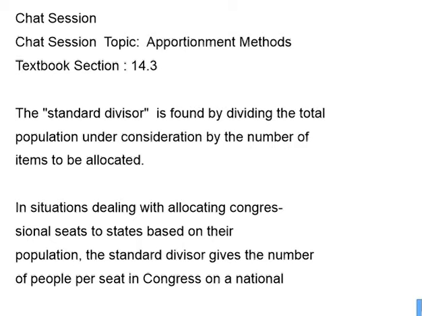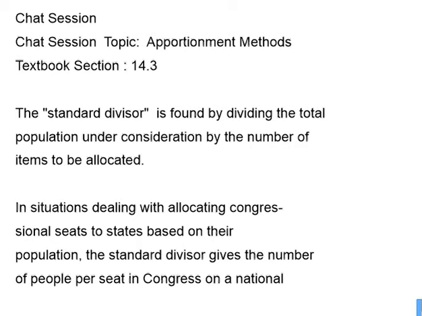This video is to discuss, first of all, the topic apportionment methods for textbook Chapter 14, Section 3. The standard divisor is found by dividing the total population under consideration by the number of items to be allocated.